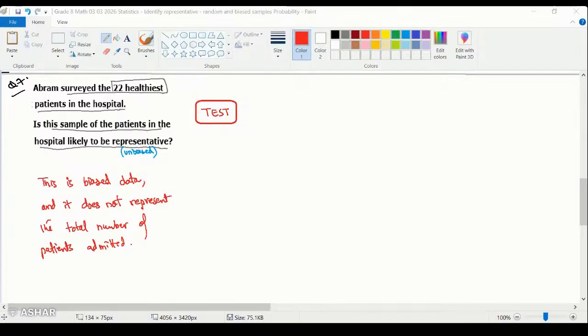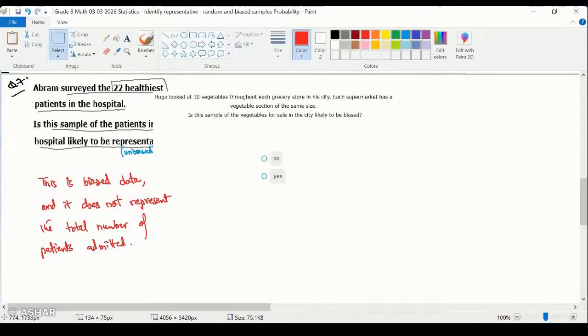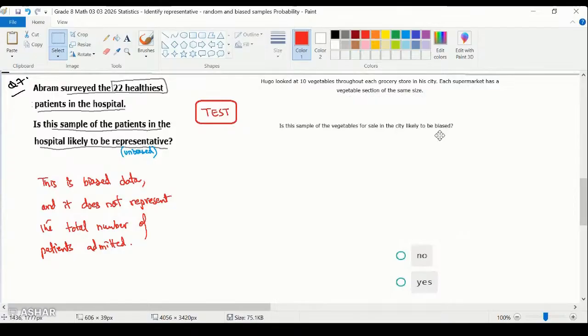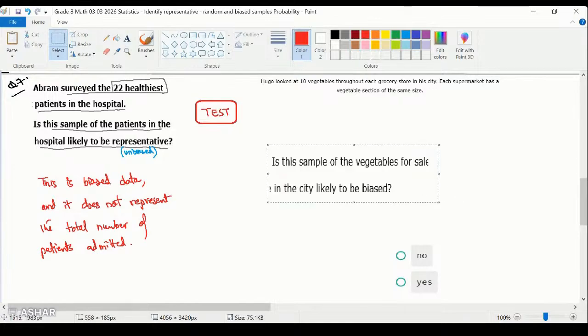So question number 1 says, Hugo looked at 10 vegetables. The question says, is the sample likely to be biased? They're talking about bias. Is this biased? Yes or no?